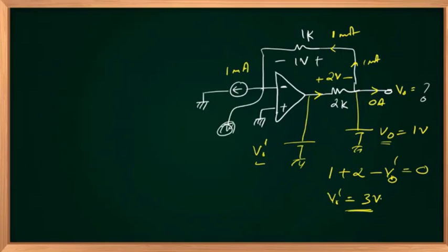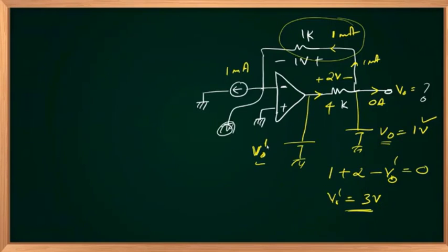Very simple, no worries. The presence of the element here will not change the current going through 1K. If you are inserting 4K instead of 2K here, your output will still be at 1, but V out dash will change.